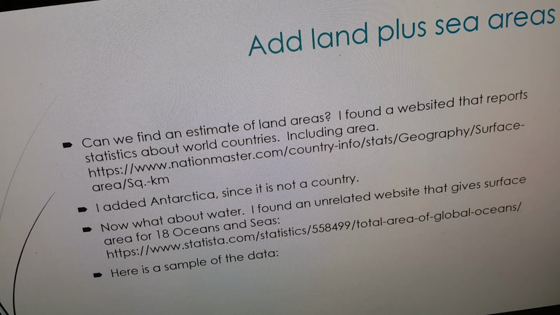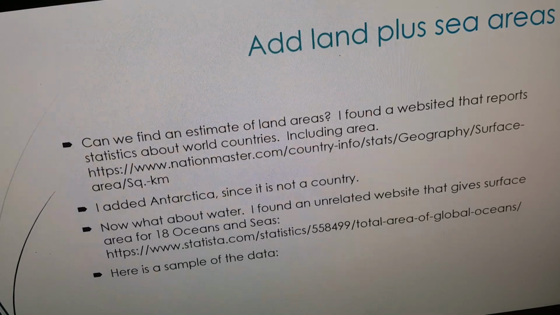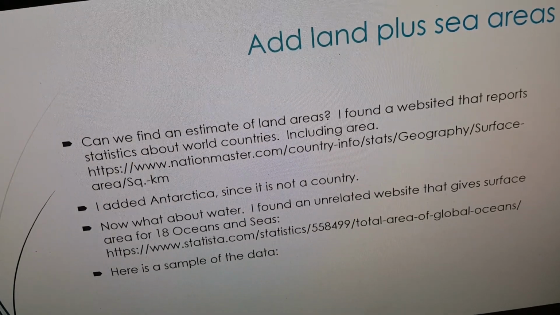There were 204 countries, from Russia, which was 17 million square miles, all the way down to a small country that was 2 square miles. So it's quite a range of data.